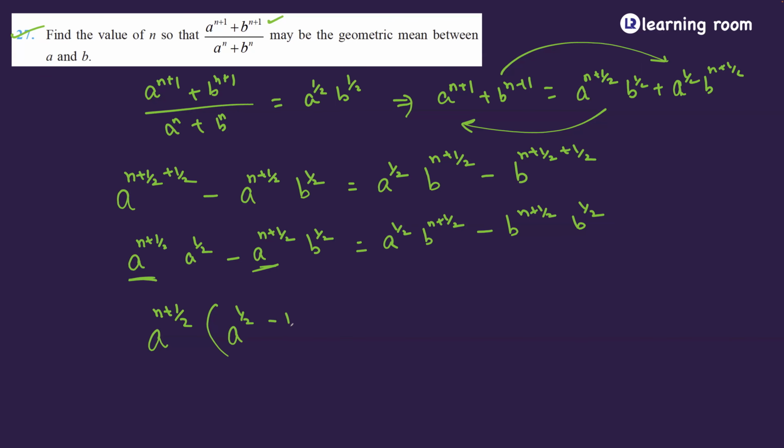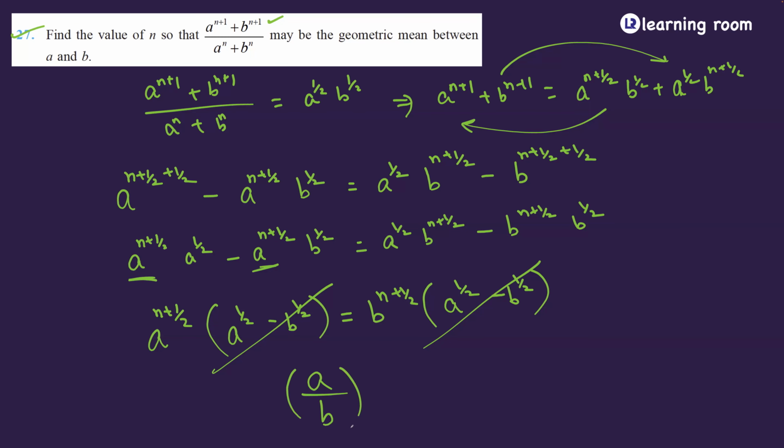A power half minus B power half is equal to B power n plus half. If I take out common, it will be A power half minus B power half. So A power half minus B power half and A power half minus B power half get cancelled. So A power n plus 1 by 2 by B power n plus 1 by 2 will be A by B raised to the power of n plus 1 by 2.